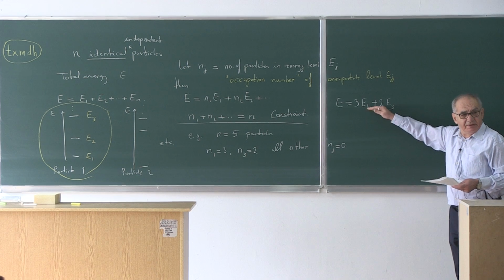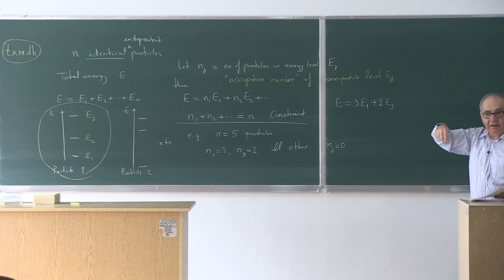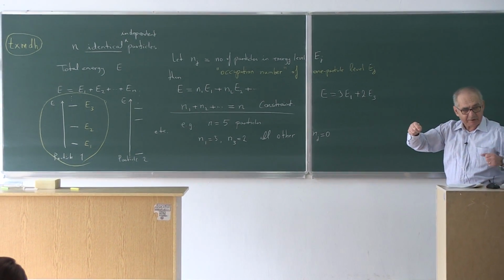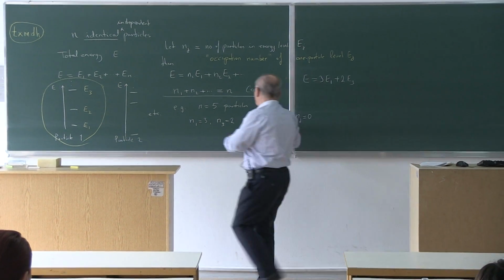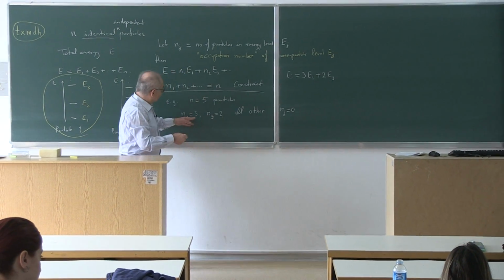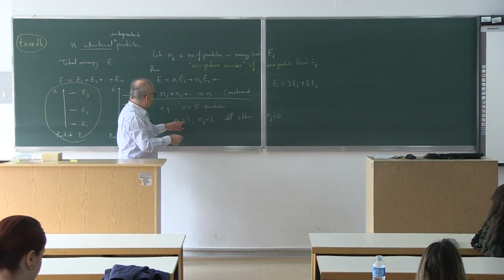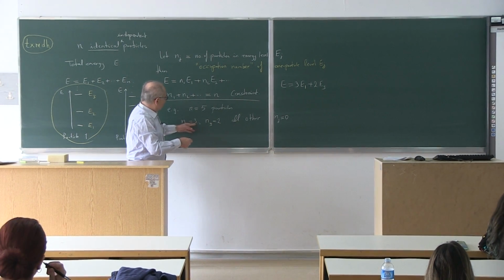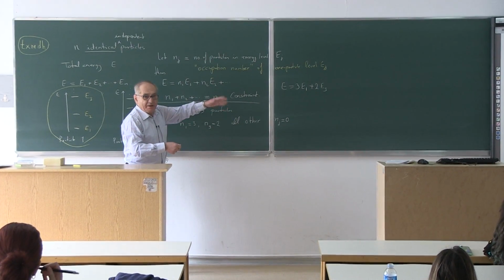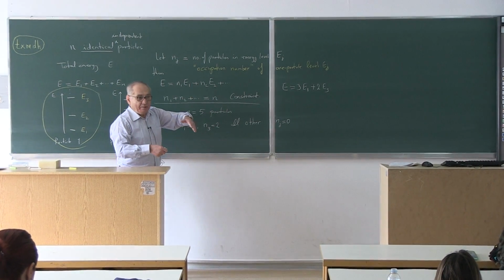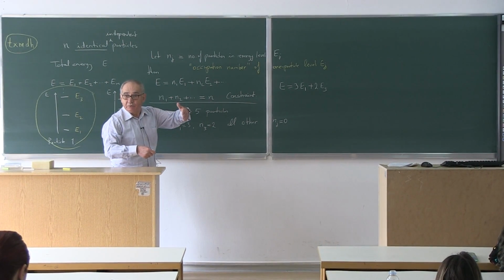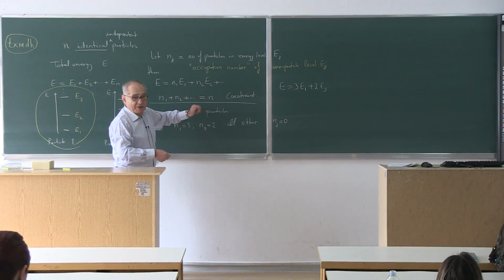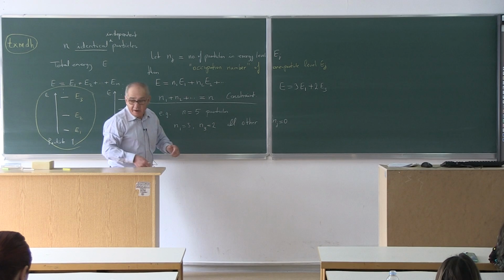This energy is one of the possible energies for the total system of 5 particles. There are no restrictions about which N1, N2, N3, N4, and so on you select as non-zero values, as long as the total, when you add them up, must be 5.